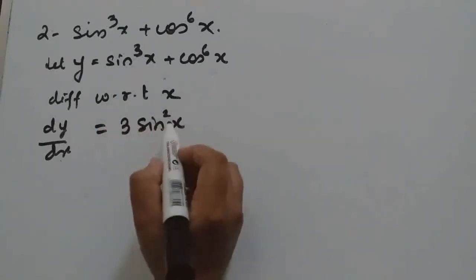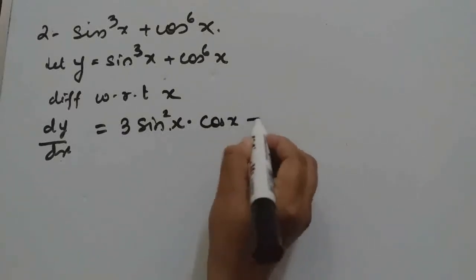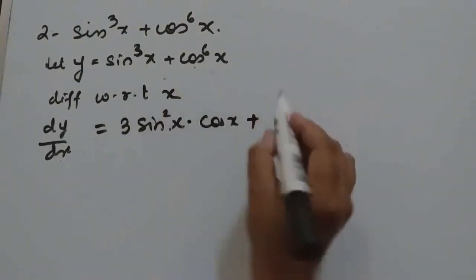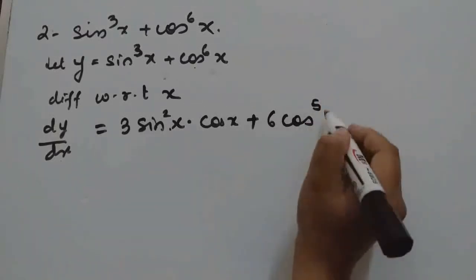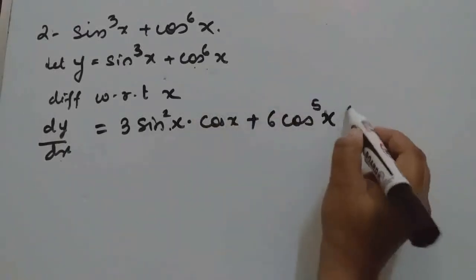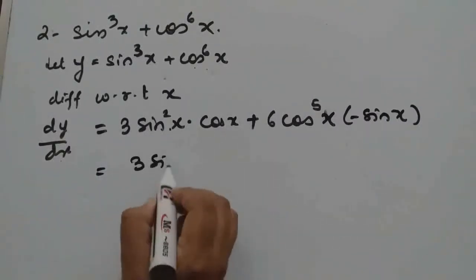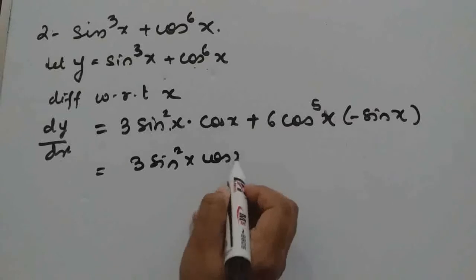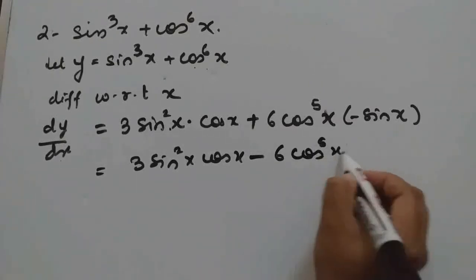So 3 sin²x into the derivative of sine, that is cos x, plus here 6 cos^5 x. Okay, then the derivative of cos x is minus sin x. So 3 sin²x cos x − 6 cos^5 x sin x.